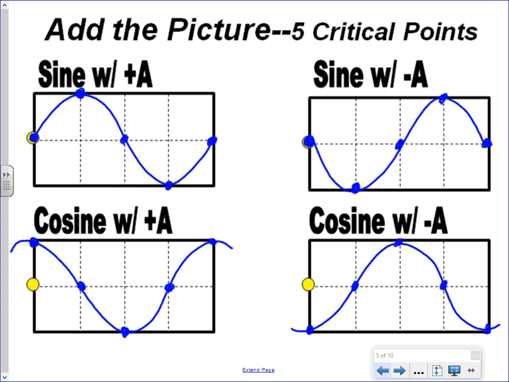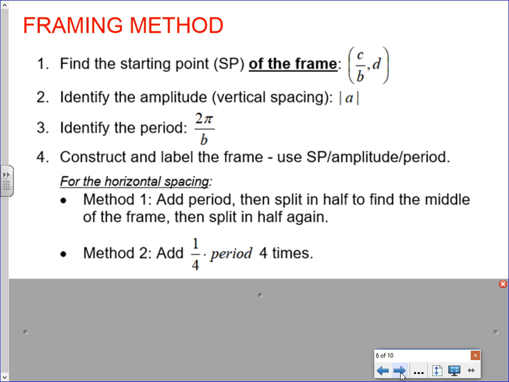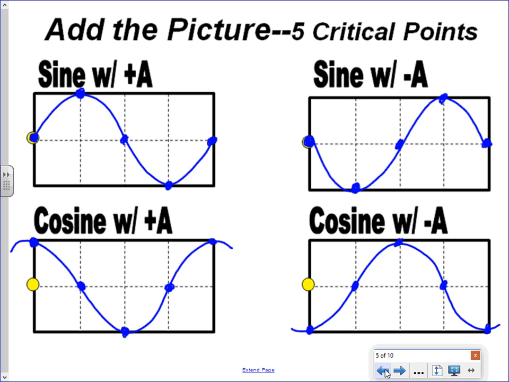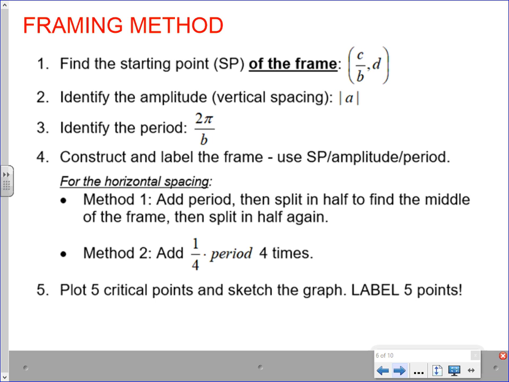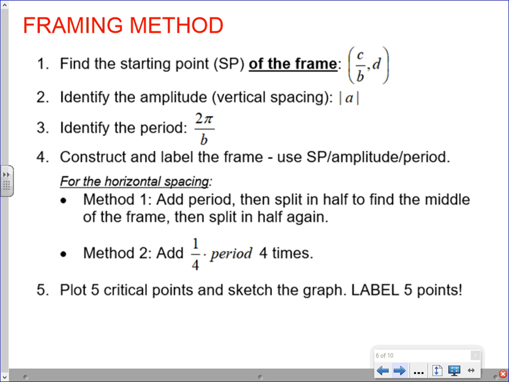So coming back to this portion of that blue sheet, okay? When you're up here looking at the amplitude, make sure you make a note to yourself whether there's going to be a reflection or not, because that is going to tell you which one of the pictures you need to make inside of your frame. When you have the graph drawn, those 5 points I need you to label.